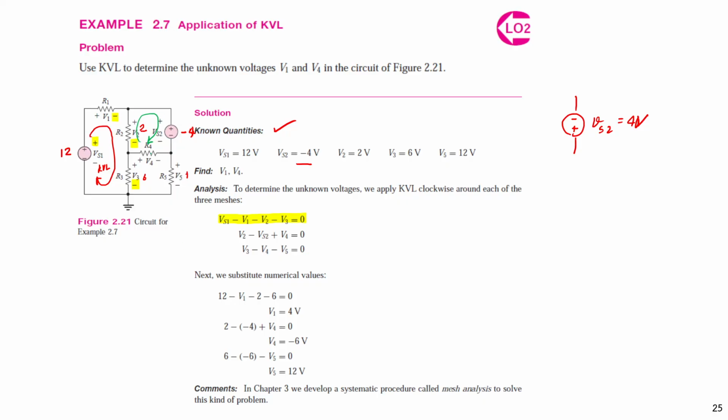How about this loop? With this loop, V2 becomes positive, V2 is positive, right? And Vs is negative, and V4 is positive. So we get this equation, right? Just follow the systematic of the sign.